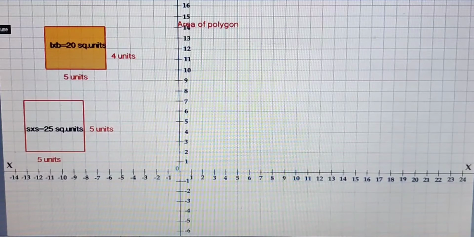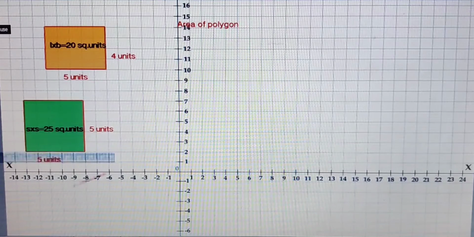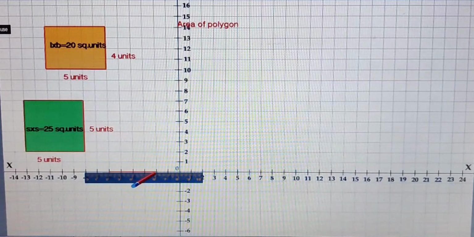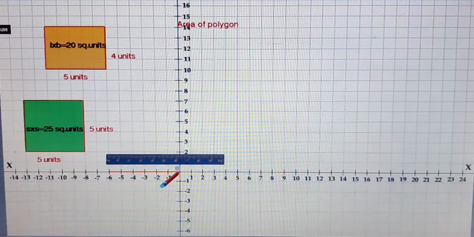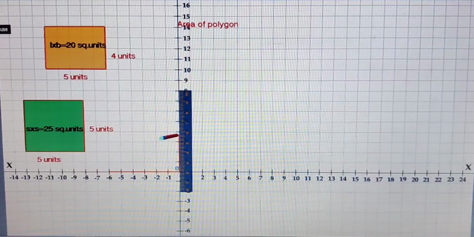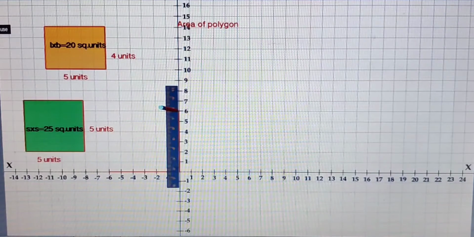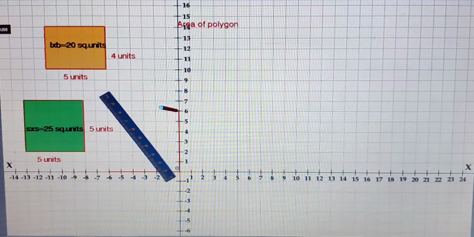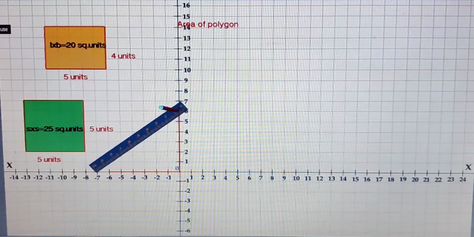Okay. The next polygon, it is a right triangle. The base of this triangle is 6 because the coordinates are 0, 0, minus 6, 0 and 0, 6. The height is also 6.